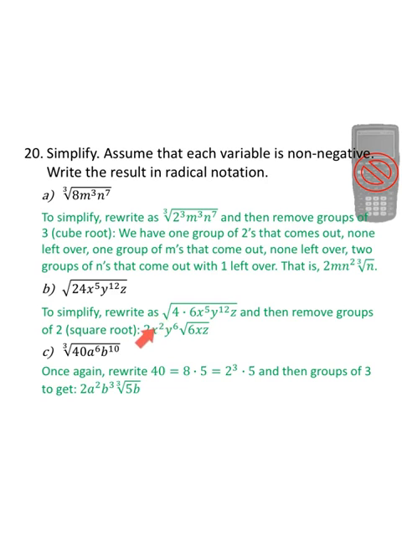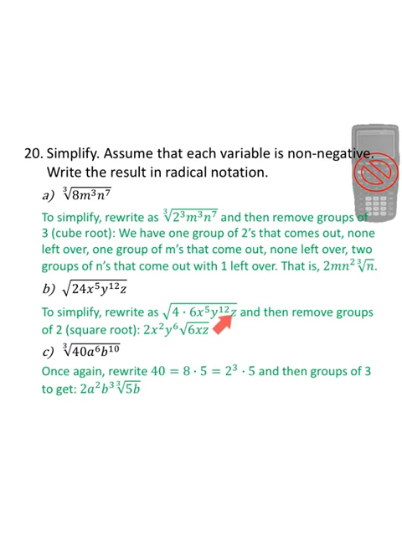The square root of 4 is 2. The square root of 6, I don't know, so it stays inside. It doesn't have any groups of 2. 2 goes into 5 2 whole times with 1 left over. 2, because it's square root, goes into 12 6 times evenly.